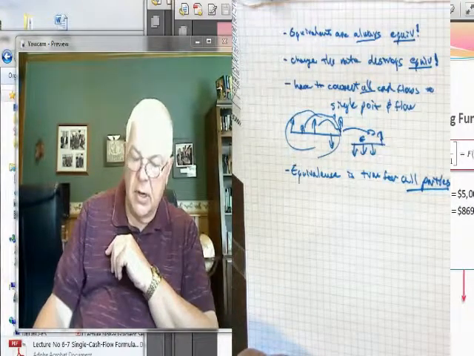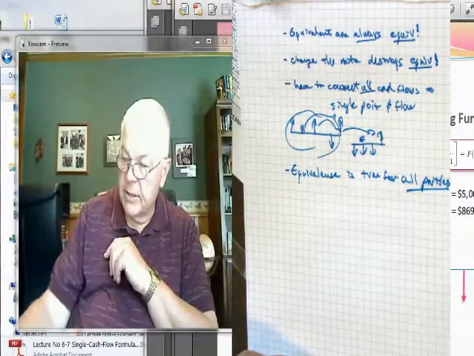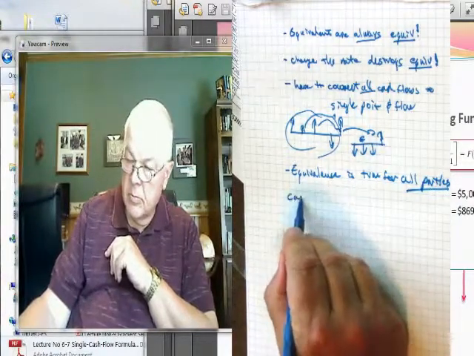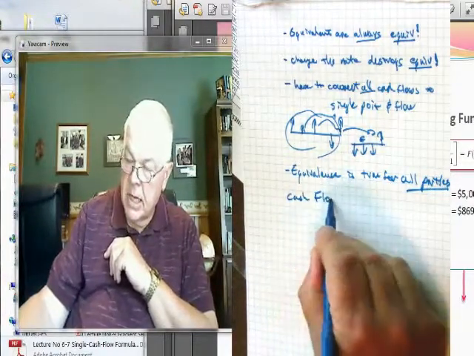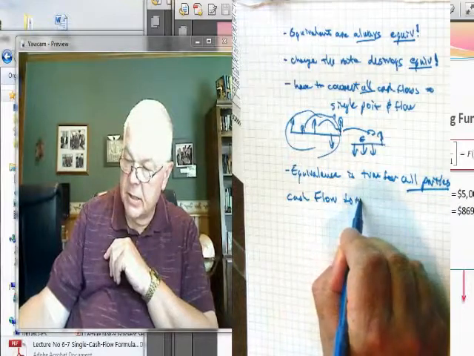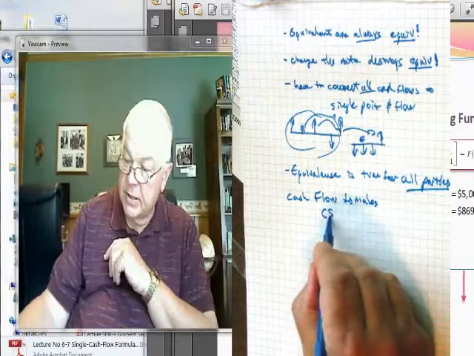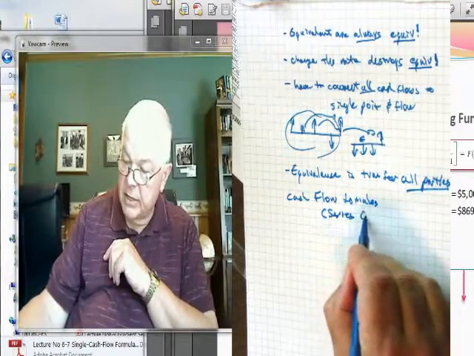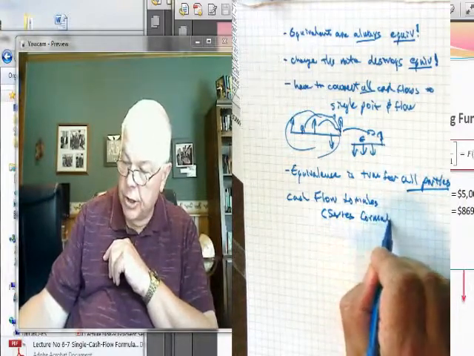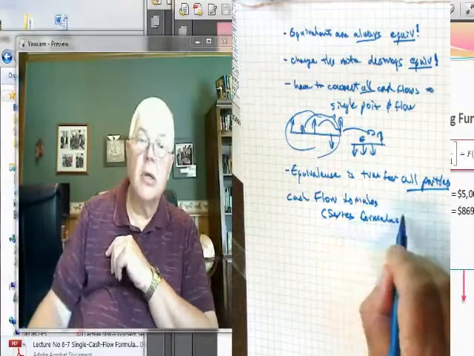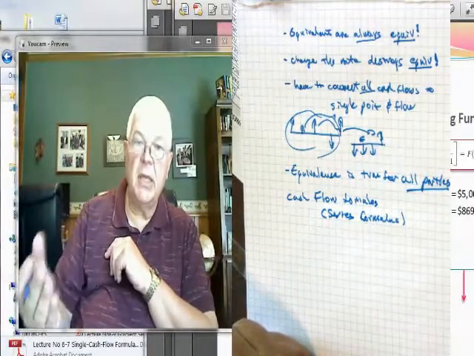Now, there are a number of cash flow formulas. The cash flow formulas are basically series formulas from mathematics. You should look at them and have them immediately look familiar.